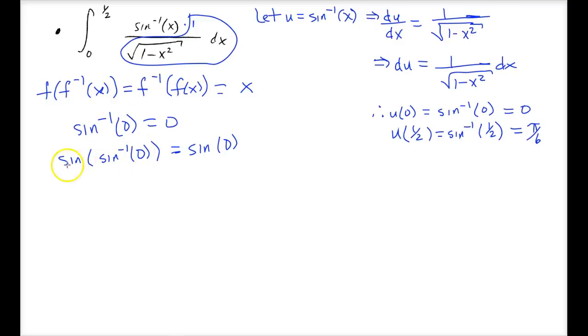So in doing that, we know that sine inverse of x is just going to give us 0, and then this is just sine, oops, I wrote that wrong. This should just be x here. Yeah, that's what I meant to write, sorry. So same kind of thing here.